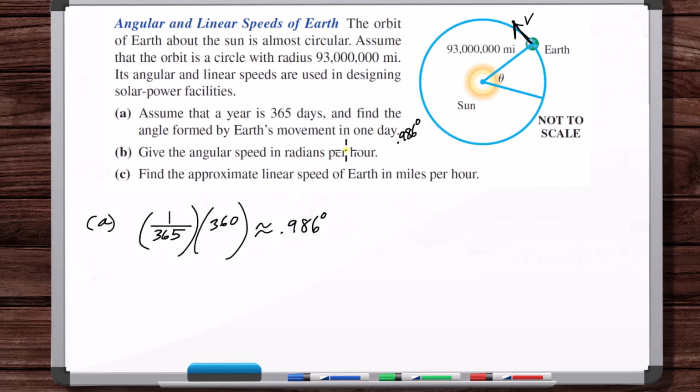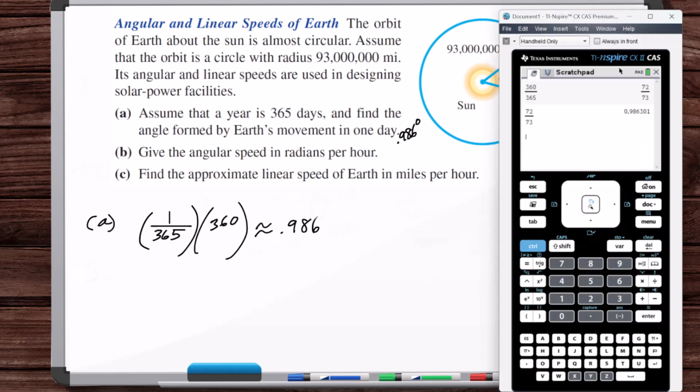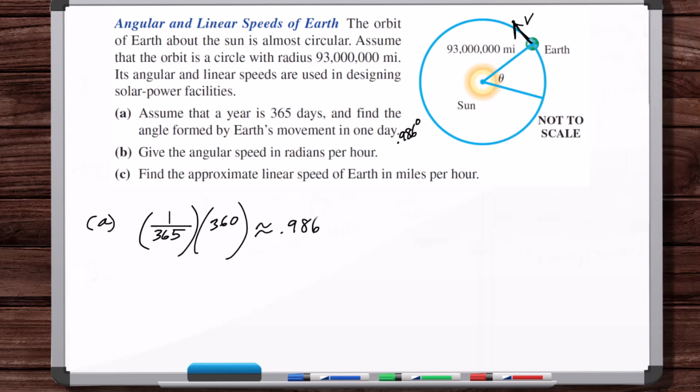All right, give the angular speed in radians per hour. Let me write a couple more digits here: 0.986301. This is degrees per what? Per day. The Earth moves this many degrees in a day. Okay, so we've got everything we need.